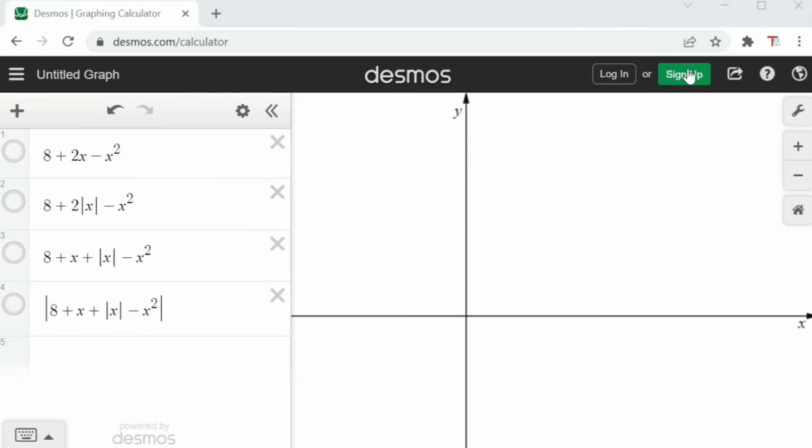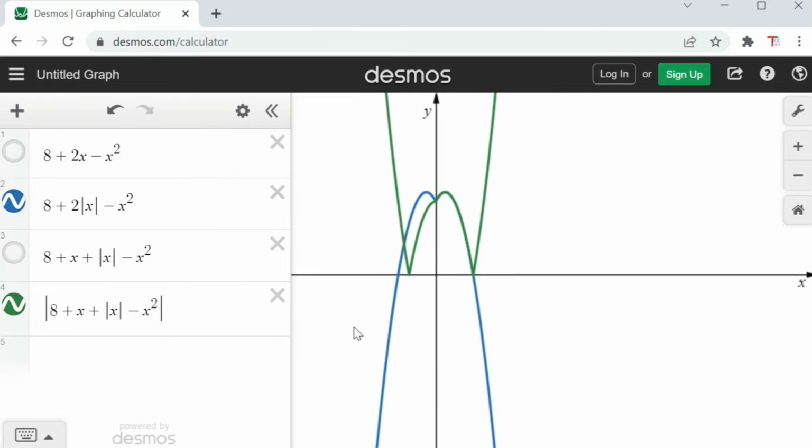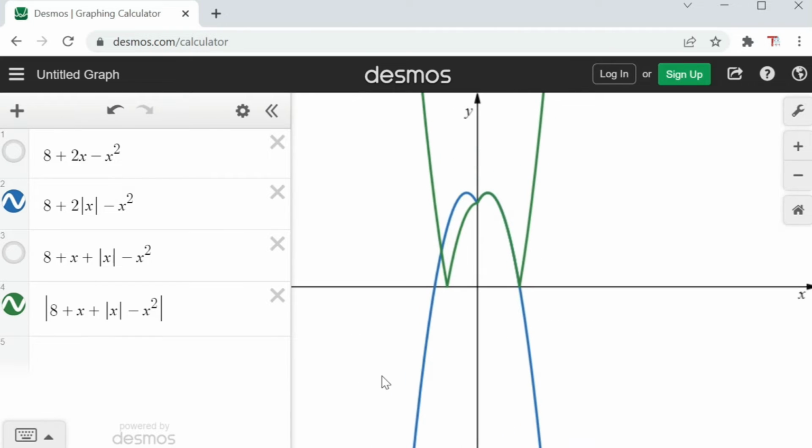So let's go to Desmos. We've got this graph here, and we've got this graph here, which is what we need to solve simultaneously. Now, if I zoom out a little, how could we find those? Well, we've got this quadratic over here. We've got 8 plus 2 times the mod of x minus x squared.